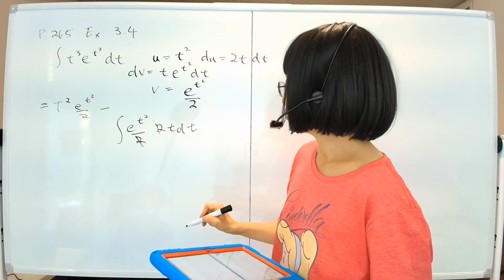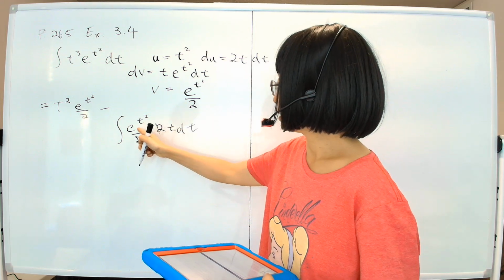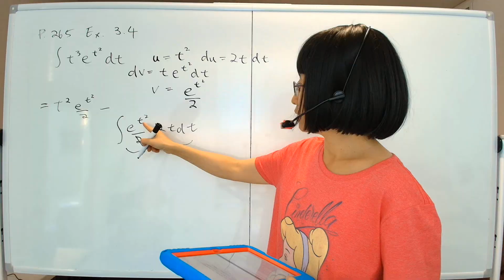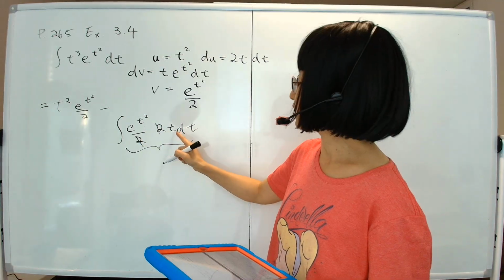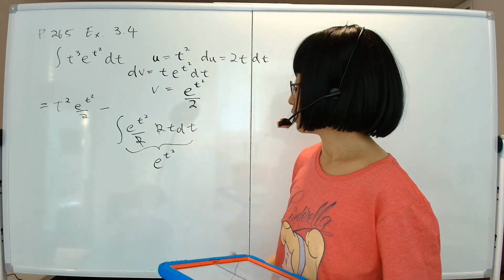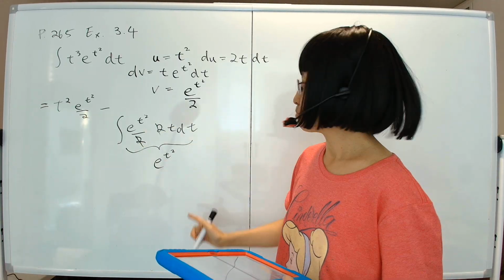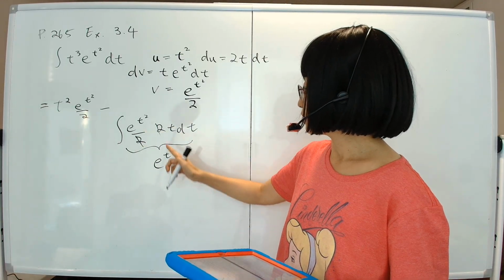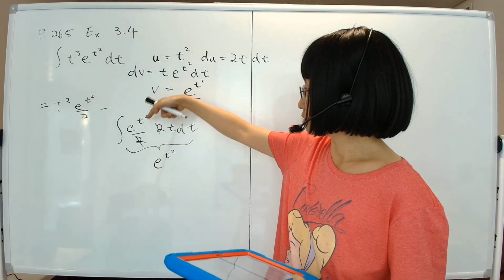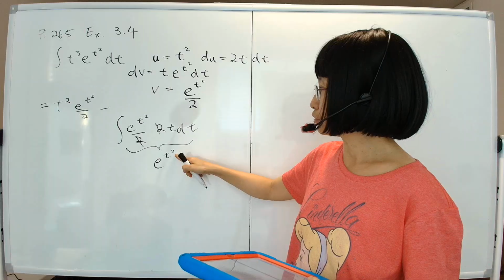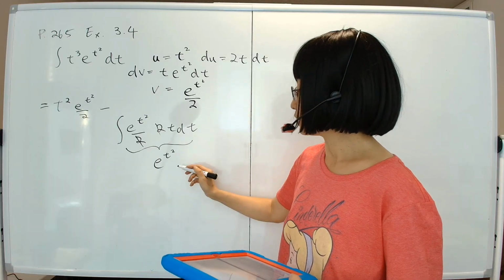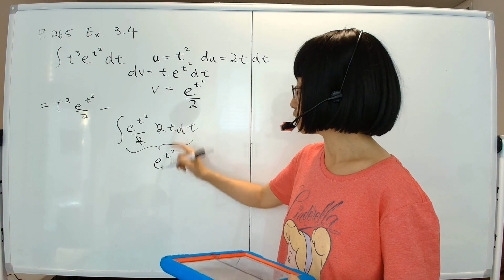So integrating this thing works out nicely using substitution. That would be equal to e to the t squared, because the derivative of e is e, but you have to watch out for some numbers. If you take the derivative of this thing, it will become e to the t squared, but it will also have a 2t in it, which is what we just did. The t is here, but what about the 2?